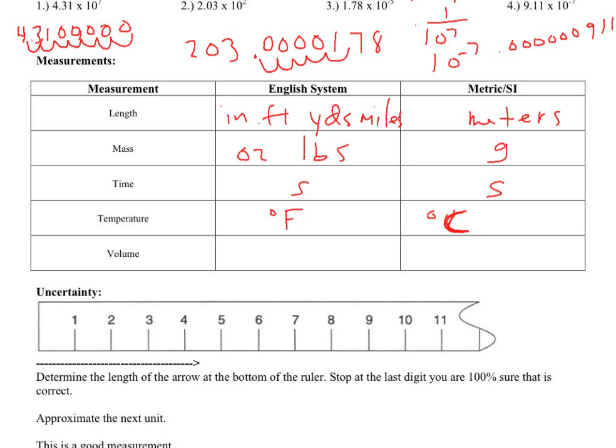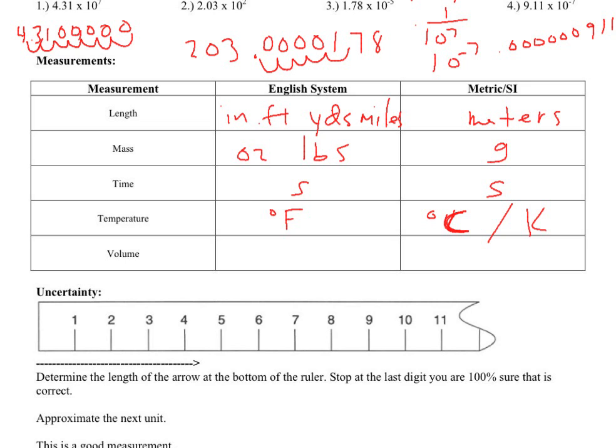Compare that to Celsius. Freezing point of water in Celsius is 0. Boiling point is 100. So again, we're going to have much easier conversions. Okay, with SI, and we'll introduce this later, Kelvin is going to be important. We'll get to the reasons why we need to use that later, and how we convert between Celsius and Kelvin in a bit, and why that's used.